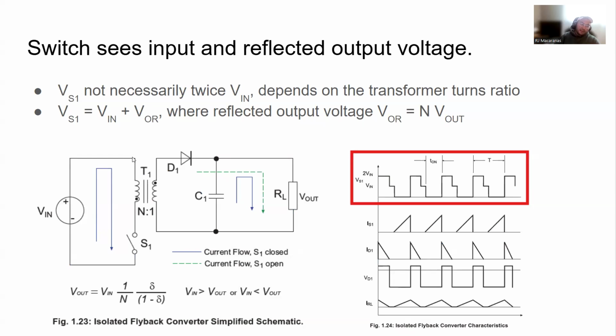This reflected output voltage is going to be the output voltage scaled up by the turns ratio itself, right? So for example, if I had a 10 to 1 turns ratio and my output voltage is maybe 5 volts, then this 5 volts is going to appear as 5 times 10, so 50 volts across this primary winding, just due to the turns ratio of the transformer and how transformers operate in general.